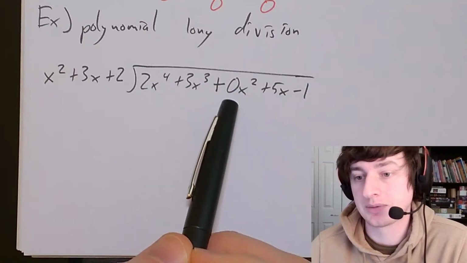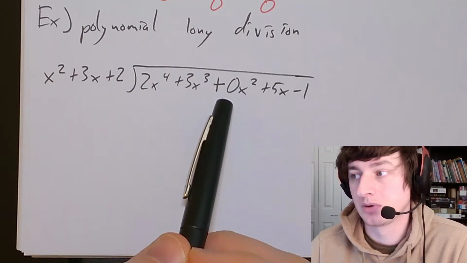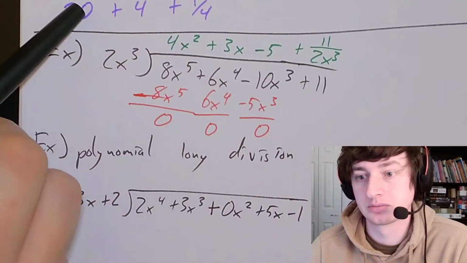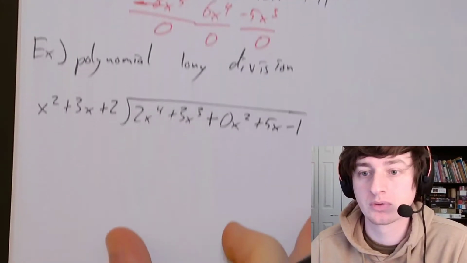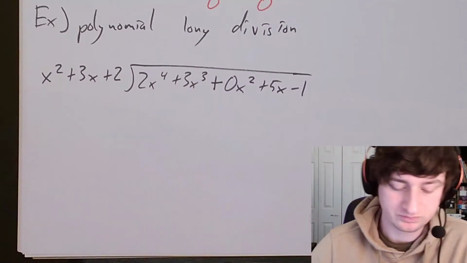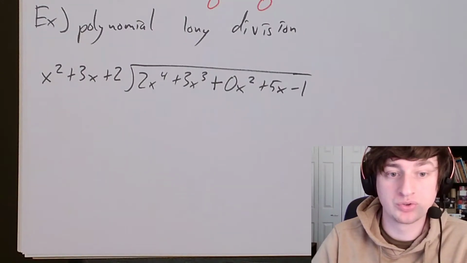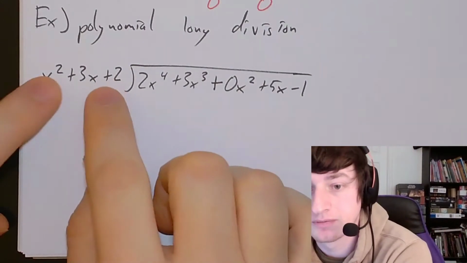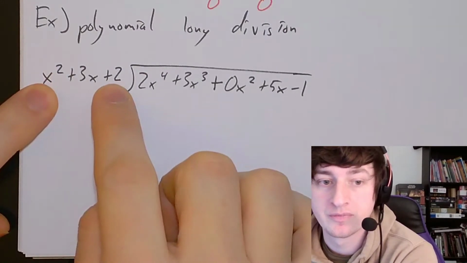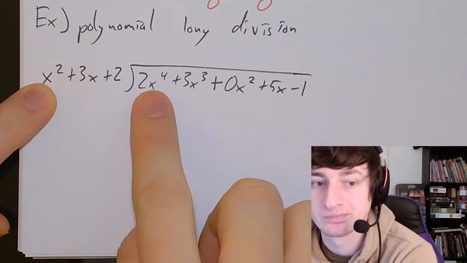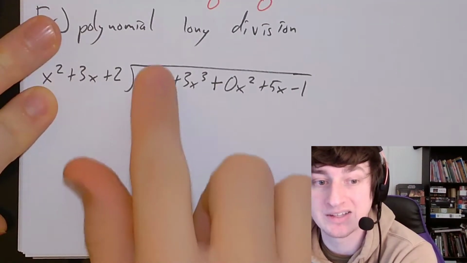It's like one of the places here. Okay. So what we need to do is multiply this polynomial to match this first term so that when we subtract them, it cancels out. Right?